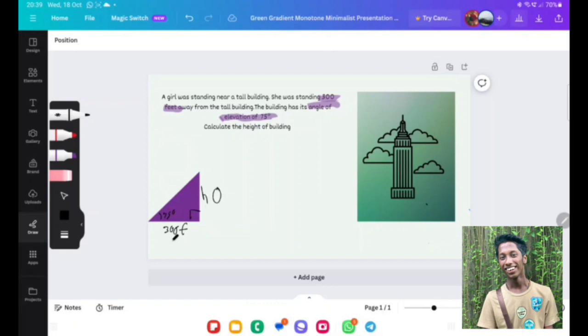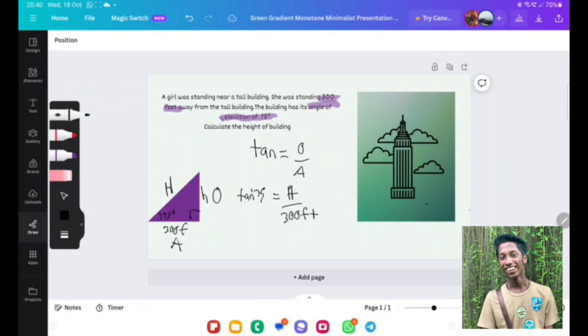So we got opposite, adjacent and hypotenuse. For this question, we got opposite and adjacent, so we can use tangent. Tangent equals opposite over adjacent. So tangent 75 equals height over 300 feet.